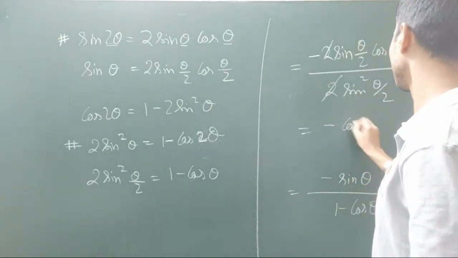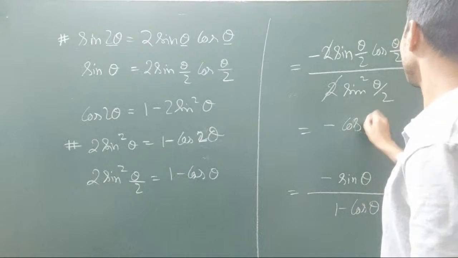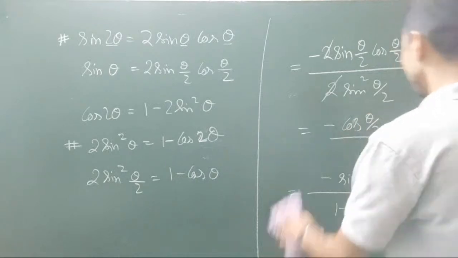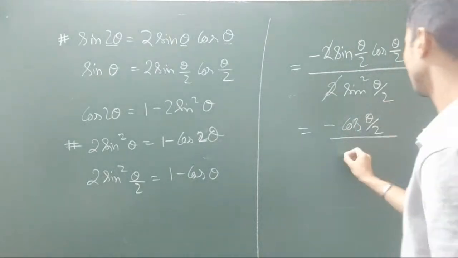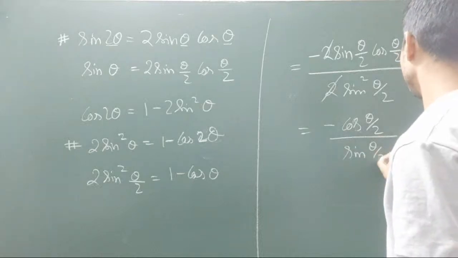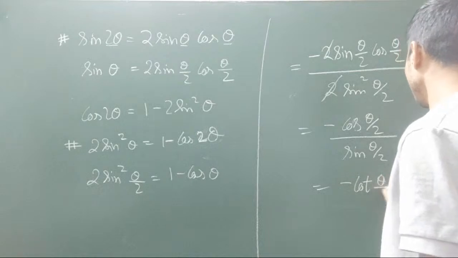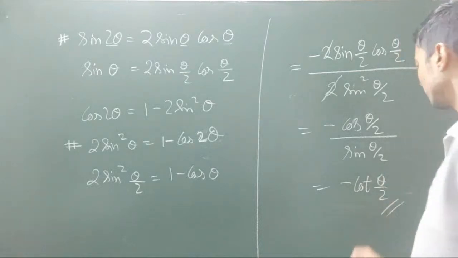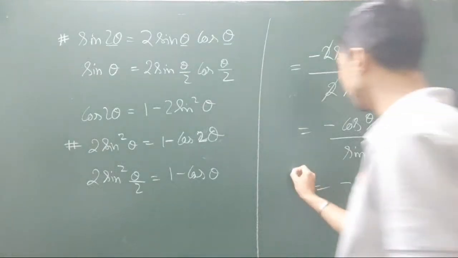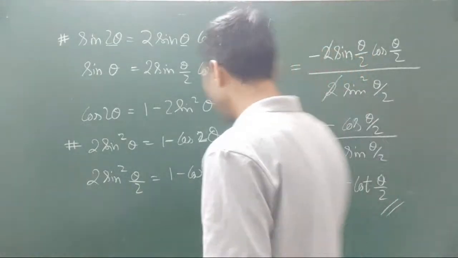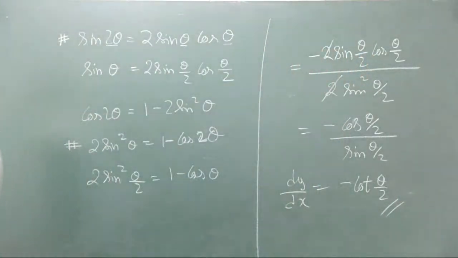I will have minus of cos theta by 2 divided by sine theta by 2. So cos theta by sine theta is cot theta. So that will be cot of theta upon 2. So this is my derivative of y with respect to x with the help of parameters.